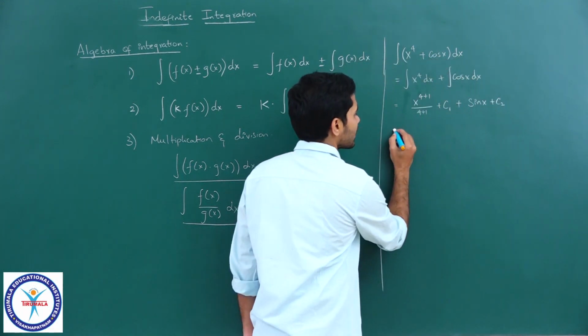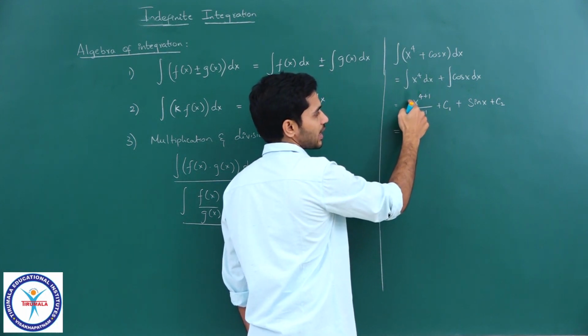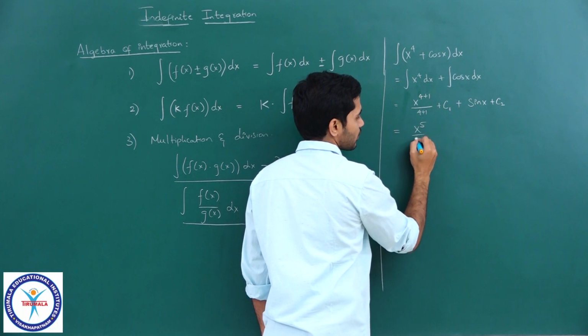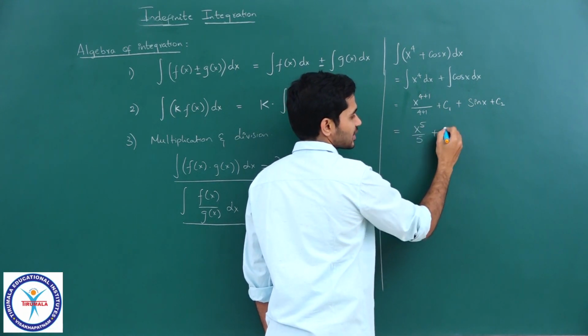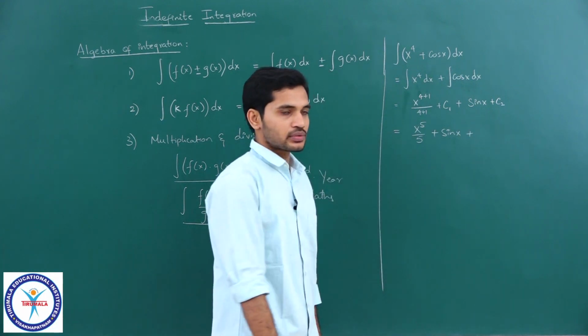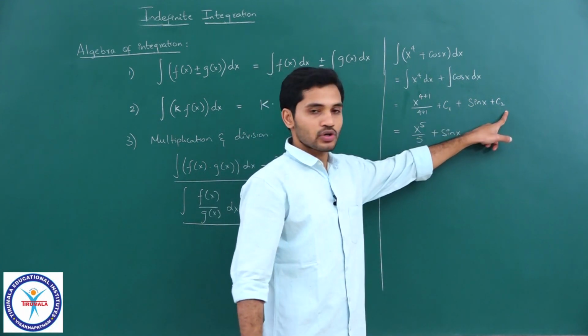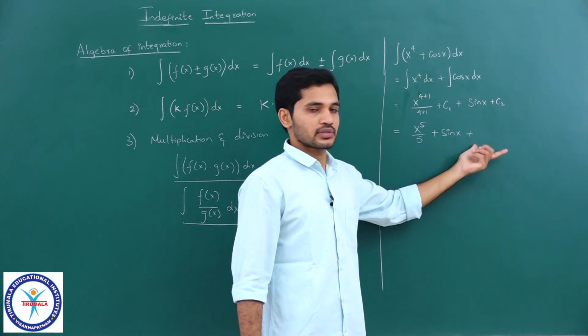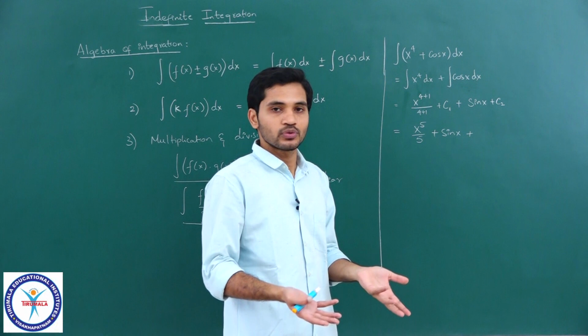So eventually we can write this expression as x power 5 by 5 plus sin x plus C1 plus C2. So anyways these are constants, correct. So when I add these two, I will be getting another constant. So I do not need to write them as a sum of two constants.